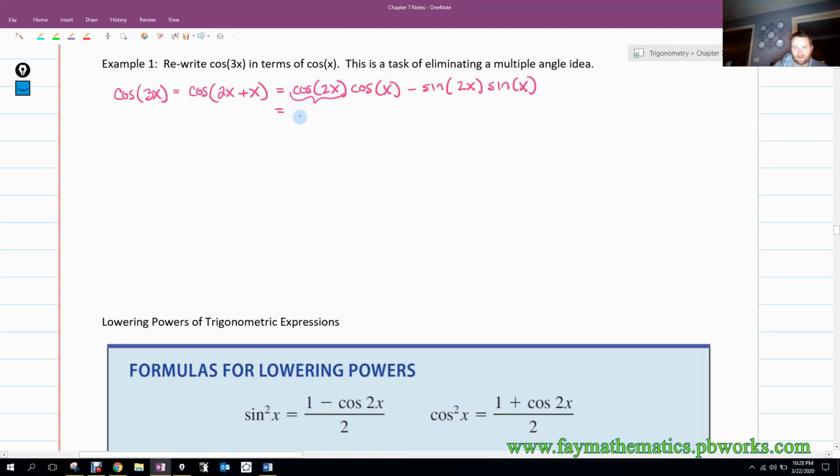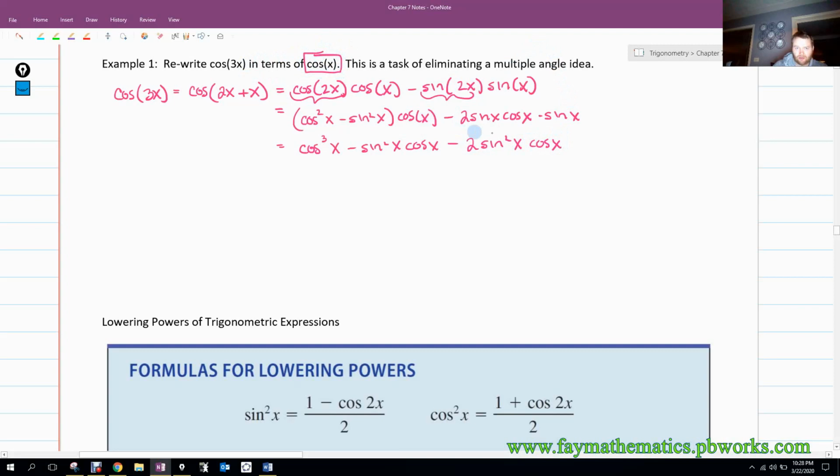So cosine of 2x, remember, that's cosine squared x minus sine squared x, times cosine of x. This becomes 2 sine x cosine x from my double angle formulas above, times the sine x. Distribute here, so we get cosine cubed x minus sine squared x cosine x minus 2 sine squared x cosine x.